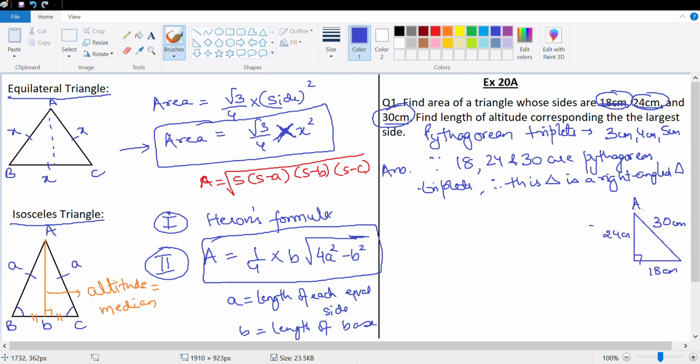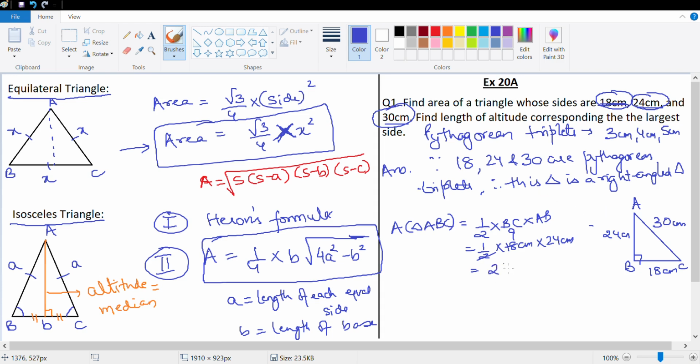Let's name this A, B and C, which means area of triangle ABC in this case would be equal to half into base, in this case BC, into height, which is AB, which is half into 18 centimeter into 24 centimeter. That's 1 to 9. That's 24 into 9, which is 180, and 36.